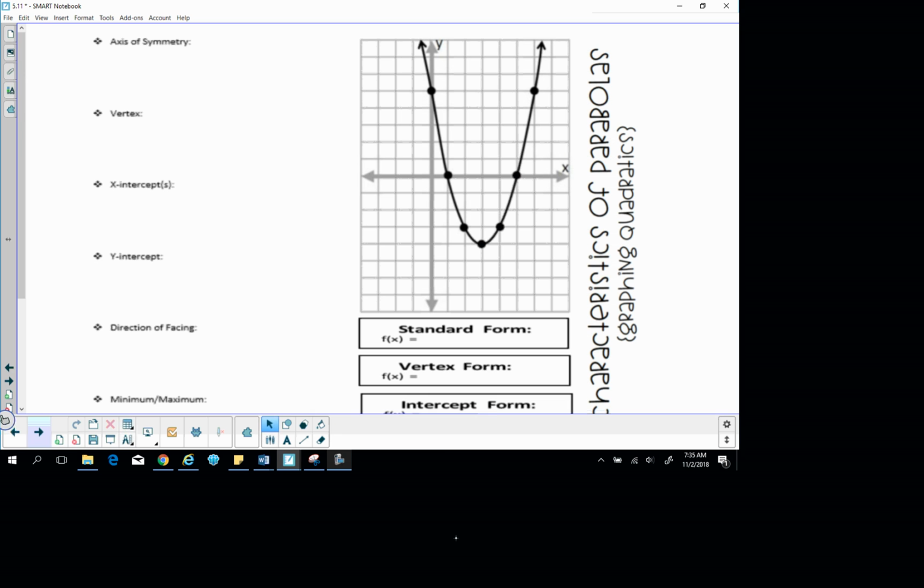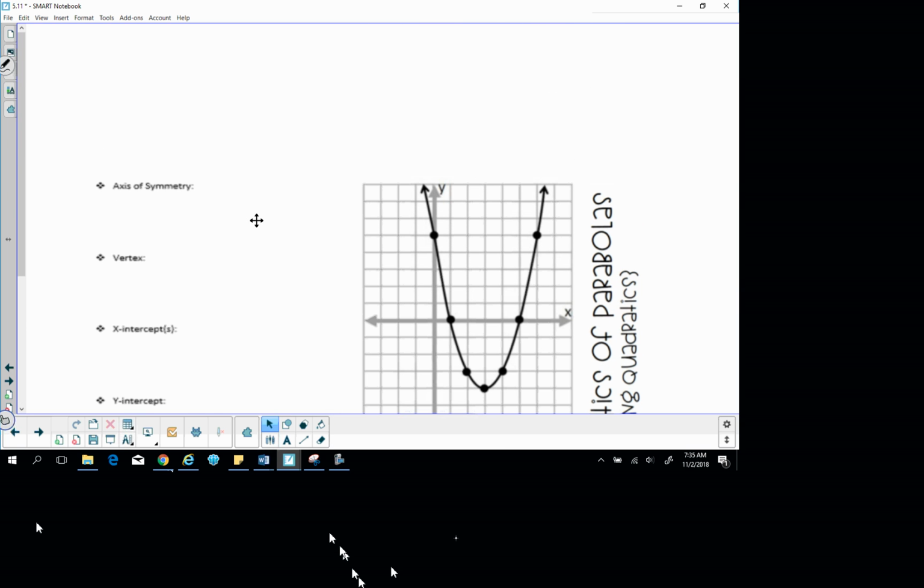So we're going to start with axis of symmetry. And so remember, I emphasize that axis of symmetry is your x coordinate of your vertex. I need to move this down because I'm really short, so let me do that. So you're writing down for axis of symmetry, it's your x coordinate of your vertex.